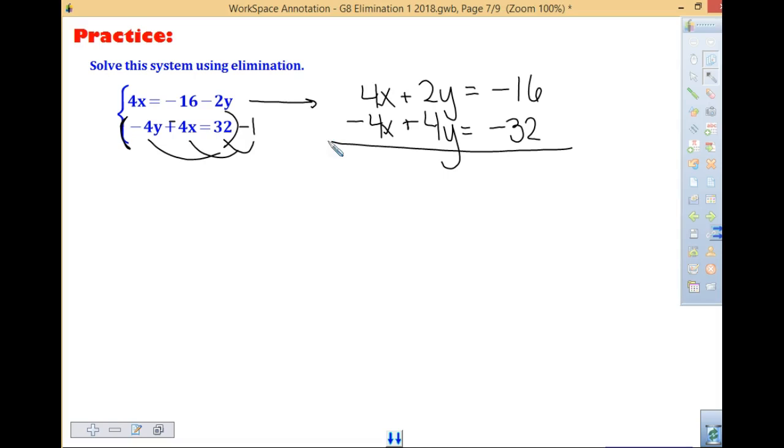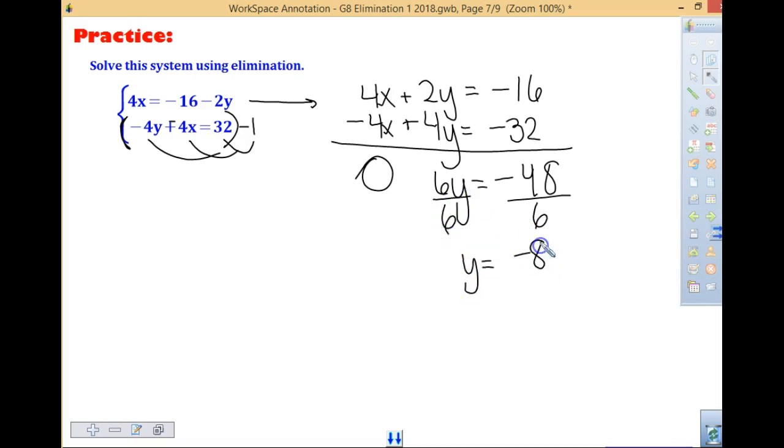Zach, if we're adding those together, what are we going to get? The 4x's will cancel. Yeah, that's 0. And then you have 6y. And then you have negative 48. Negative 48. You know your division facts, divided by 6, right? Y is equal to negative 8.